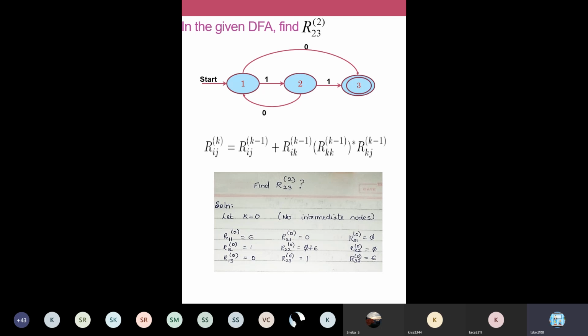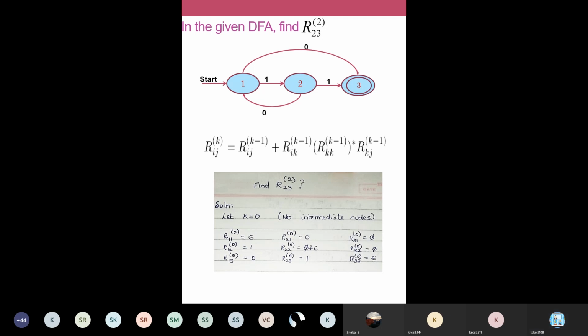If the same question is asked in another way, that is, find the regular expression for the given DFA, what should we find? What will be your final answer? We have to find k equal to 0, k equal to 1, 2, and then at level 3 only you will get the answer. What is the regular expression you have to find?